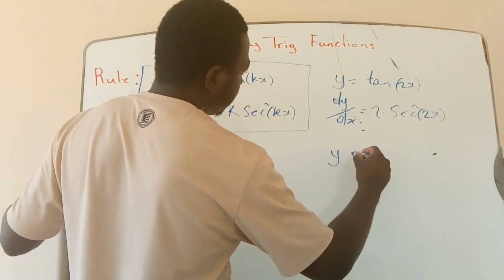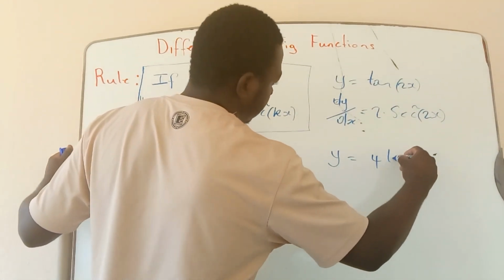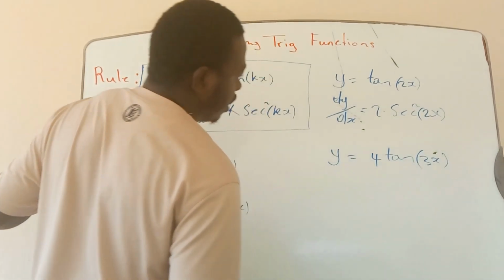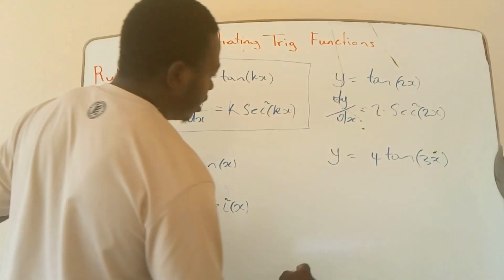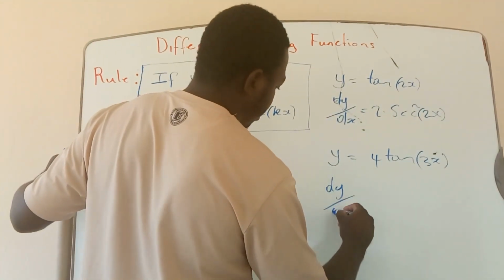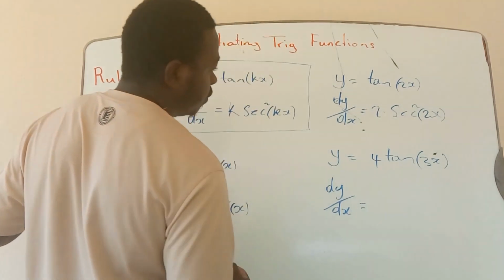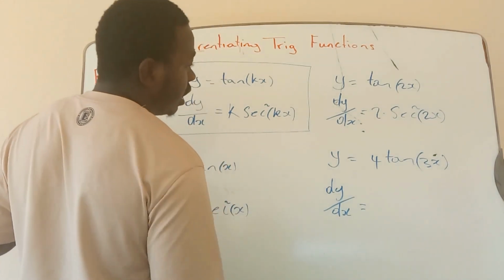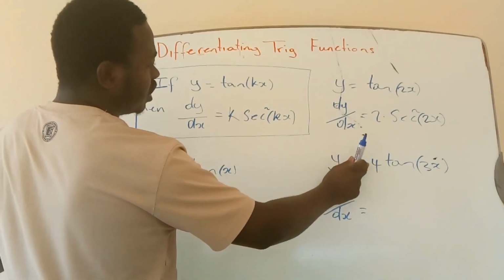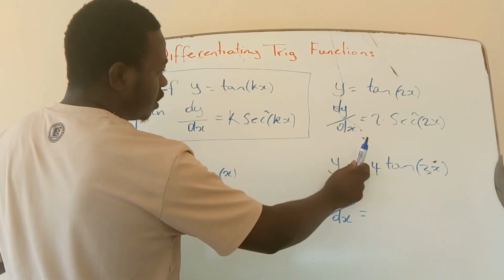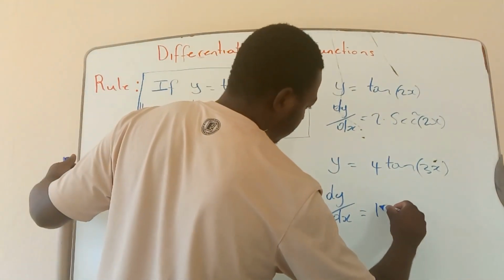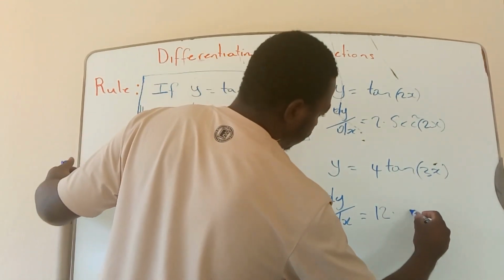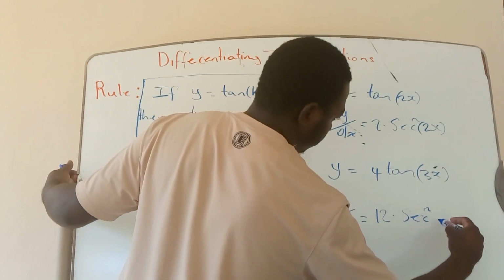Let's say you have y is equal to 4 tan 3x, right? And you are asked to differentiate that. Then dy by dx is equal to, differentiate what's inside of the bracket here, which is 3x, that gives you 3. Take that 3 to multiply the coefficient of tan here, which is 4. So 3 times 4 is 12 times, differentiate tan 3x, that gives you sec squared 3x.